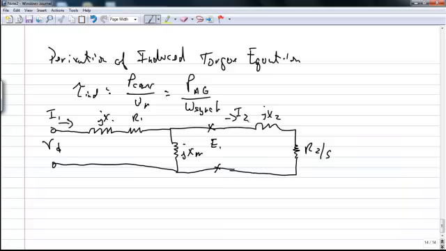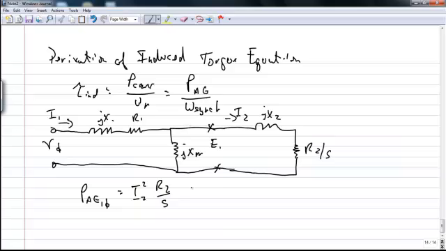So if we refer to the circuit, the air gap power for one phase we can write as I2 squared R2 over s. You can think about the air gap as being in this vicinity.